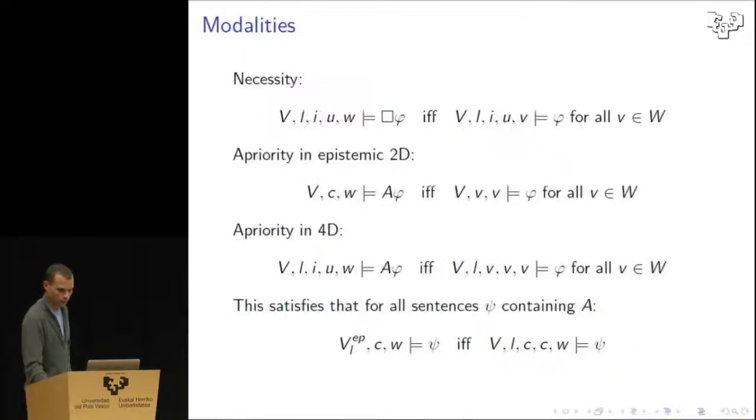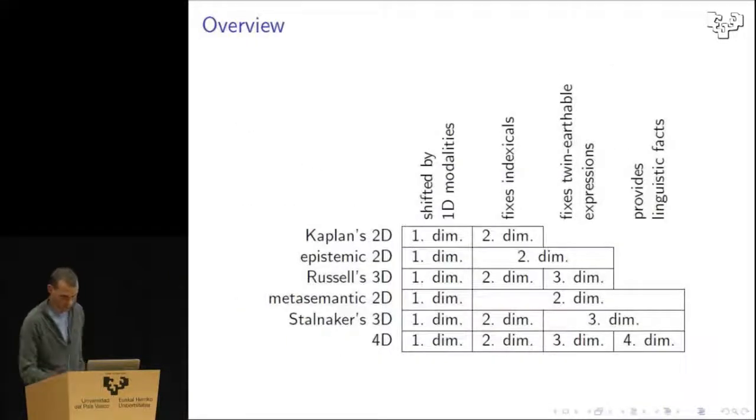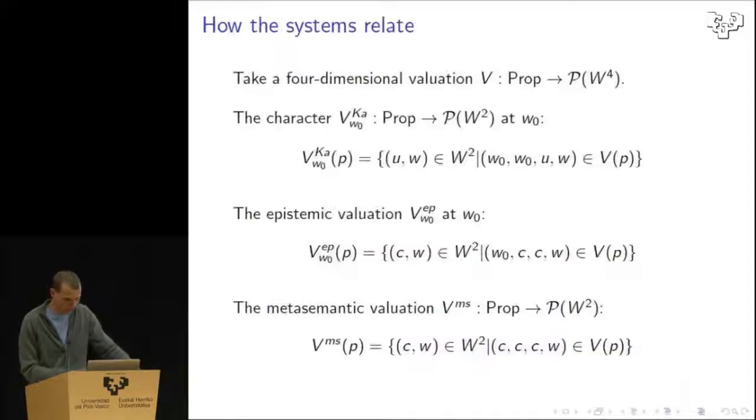And so I think what this should show is that you can embed these different kinds of two-dimensionalism into one four-dimensional framework. And if this really works, and if especially this here works, so that this preserves the meaning of what is going on, then what this shows is that these different interpretations of the two-dimensional frameworks single out different kinds of context dependence, but they are not competing interpretations of one single framework.